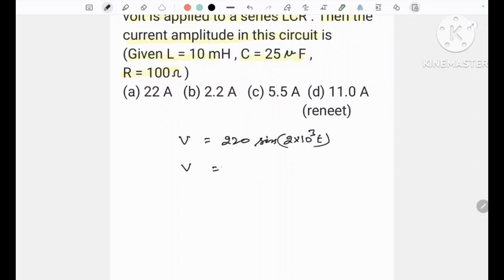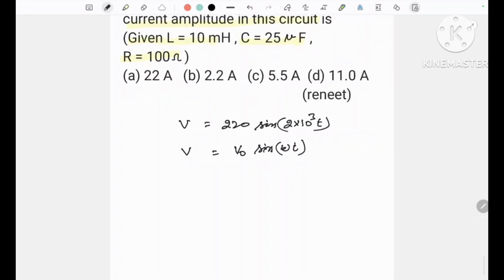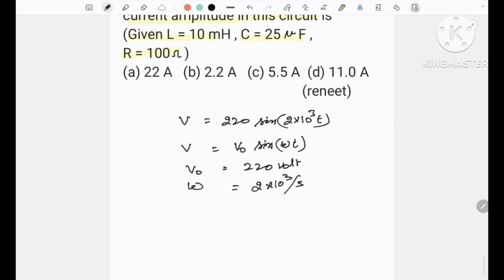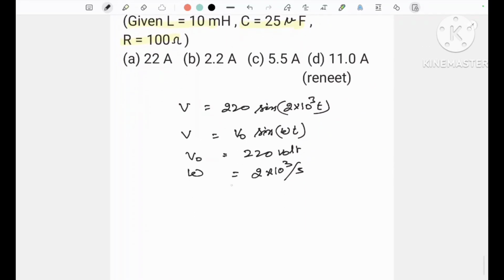The standard equation is V is V0 sin omega t, where V0 is the peak value of voltage. On comparison, the peak value V0 is 220 volt and omega is 2 into 10 to the power 3 per second. L is 10 millihenry, or 10 into 10 to the power minus 3 henry, or 10 to the power minus 2 henry.